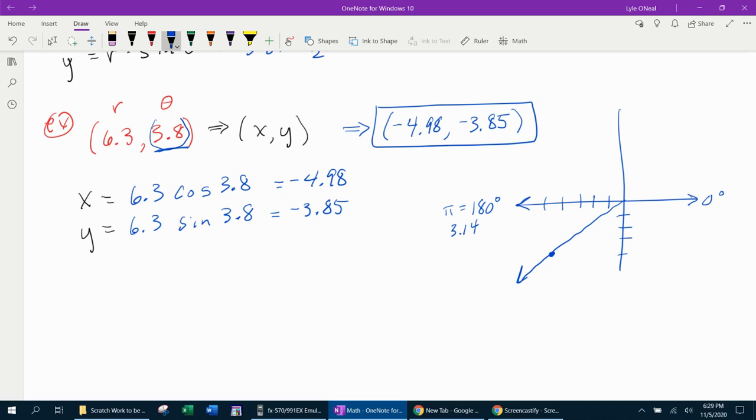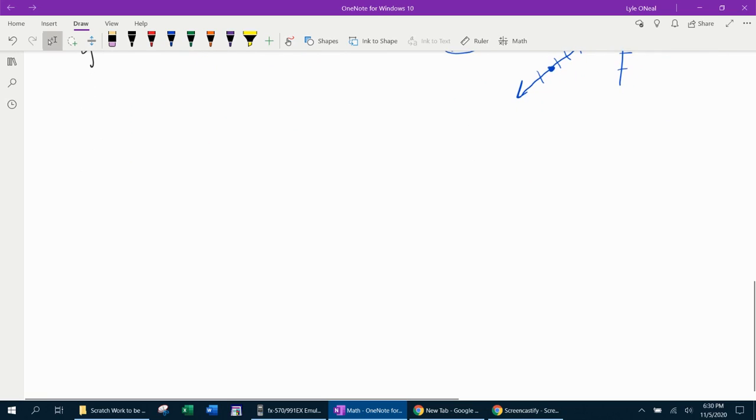So that tells me that 3.8 radians should be a quadrant 3 angle because it's a little bit more than 3.14. And then the radius, since it's positive, says to go in that direction 6.3 units. 1, 2, 3, 4, 5, 6, and then some. A little bit more than 6. And I try to stay to scale, so that makes me feel pretty good about my answer. It looks like those points are going to plot in the same spot. And we're done with that.